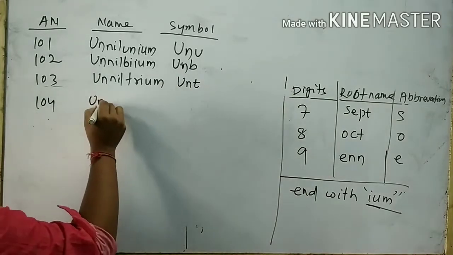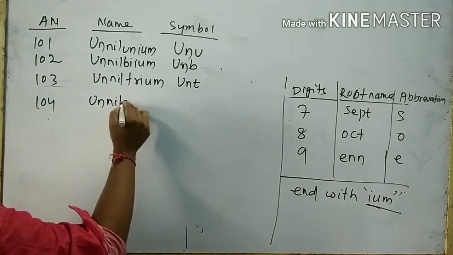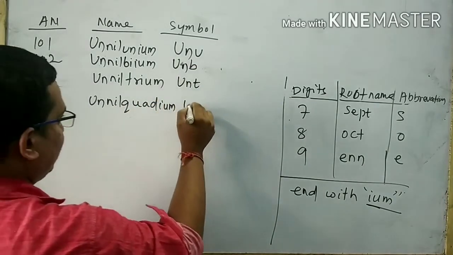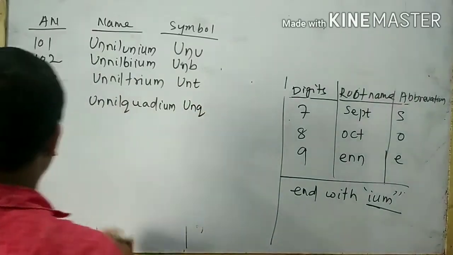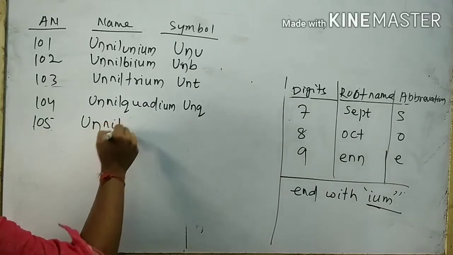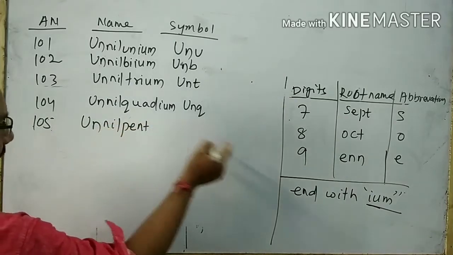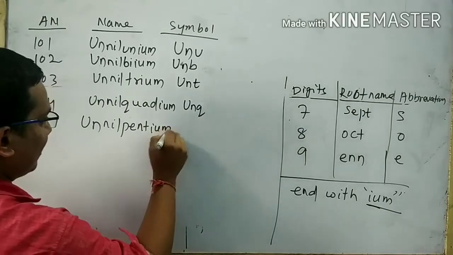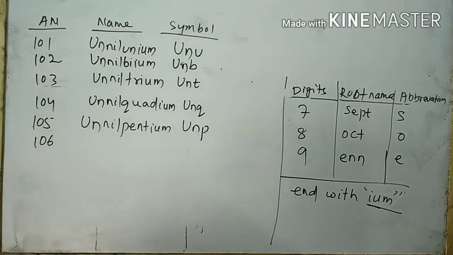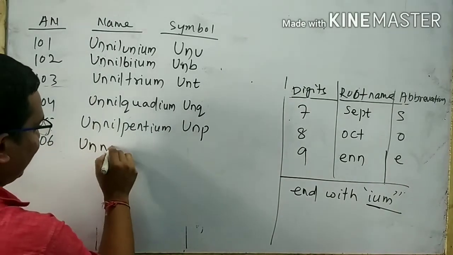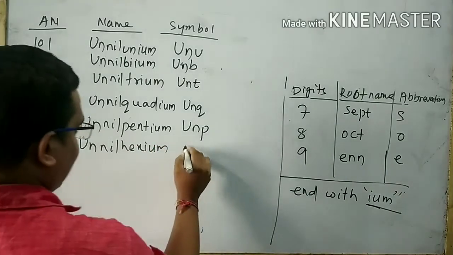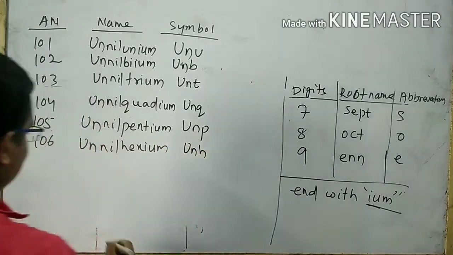That is unnilquadium, 4 for quad, IUM, and the symbol is UNQ. For 105, un nil pent, ending with IUM, and the symbol is UNP. For 106 we can write unnilhexium, and the symbol is UNH.